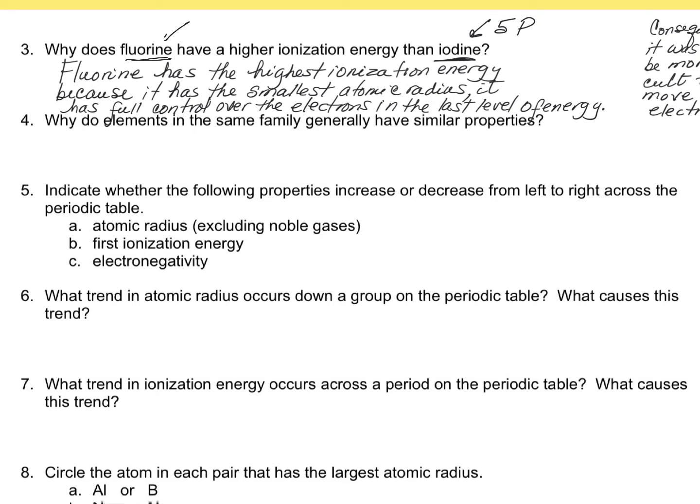Fluorine is in period number 2, and iodine is in period number 5, with 5 levels of energy. Iodine doesn't have as much control as fluorine over the electrons on the last level of energy, so it's going to be more difficult to remove them. So you need more energy in the case of fluorine than in the case of iodine.